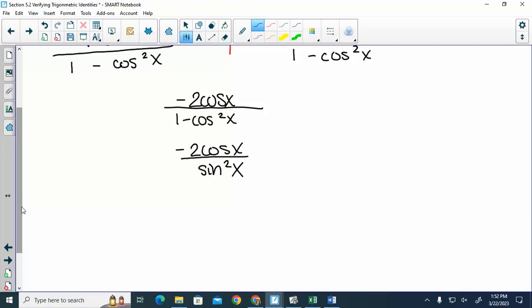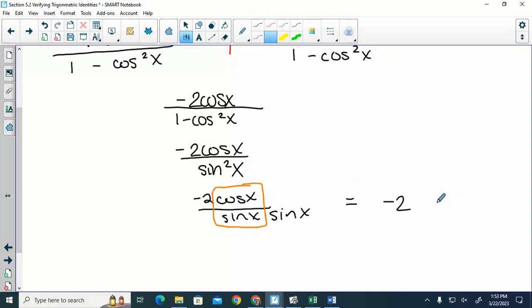One more strategy that we are learning today that we have not used before. This is all one term, right? There's no adding or subtracting. We have a negative 2 cosine x on top. The bottom is sine squared, so that's like saying sine x times sine x. We agree with that? So we have a negative 2.